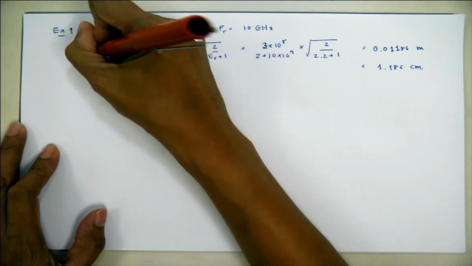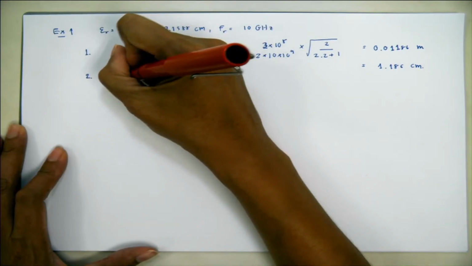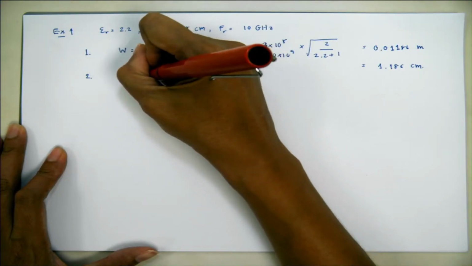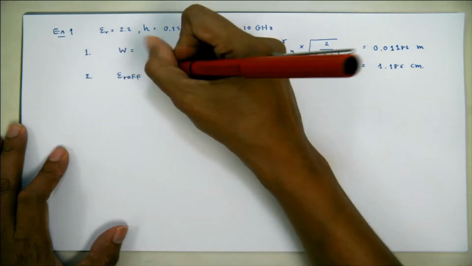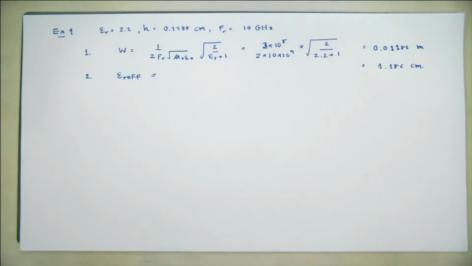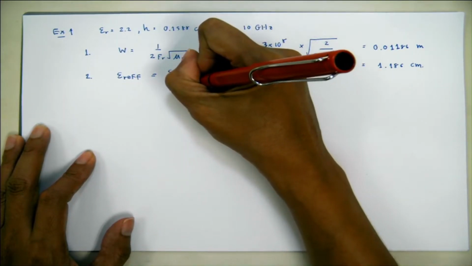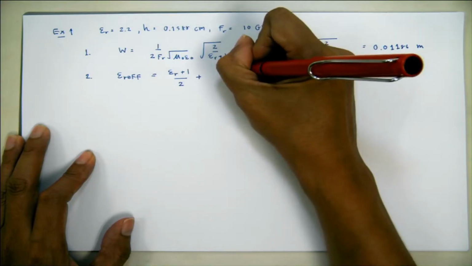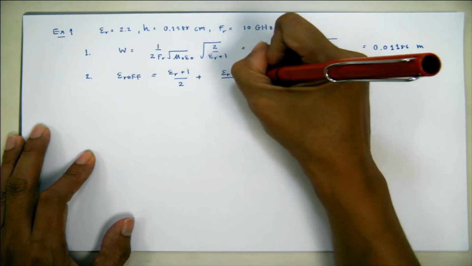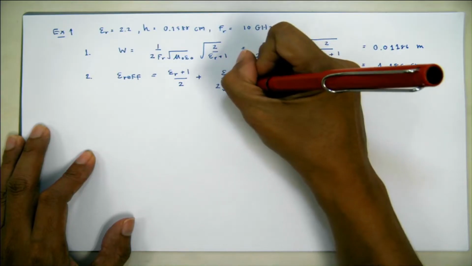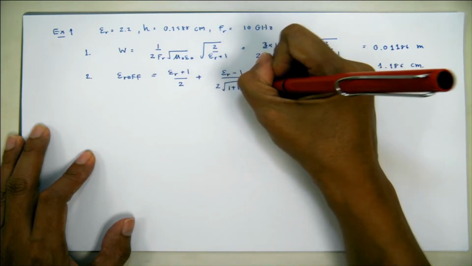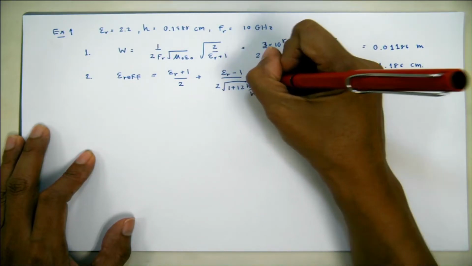And number 2, what we have to do is find the effective dielectric constant. So we have epsilon r plus 1 over 2, plus epsilon r minus 1 over 2, multiplied by 1 plus 12h over w.